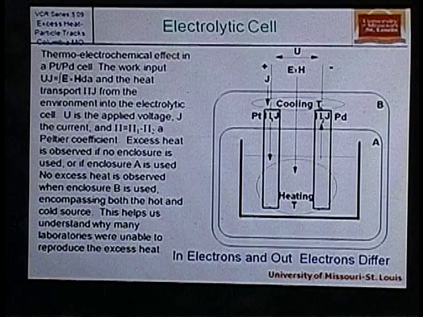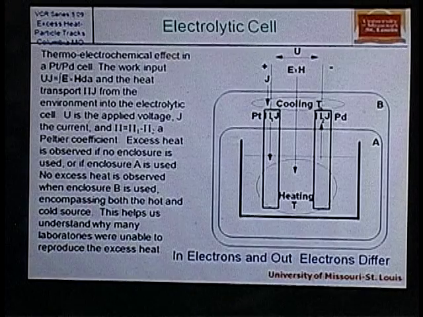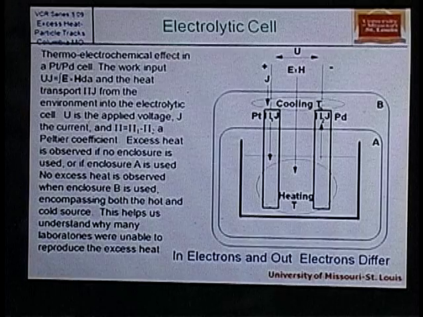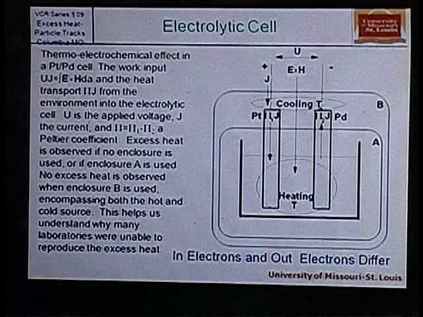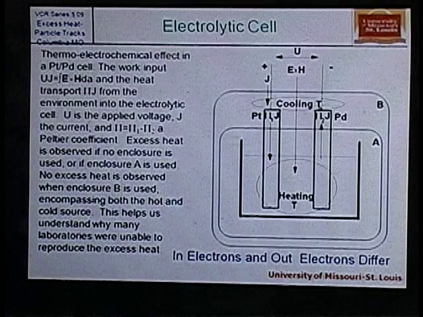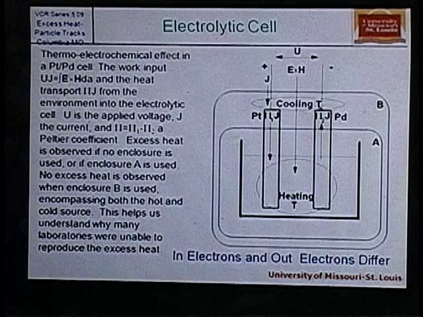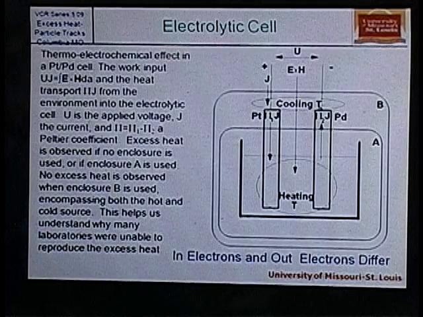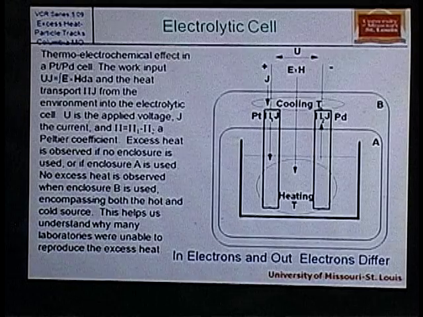These were the guys, the misers, who were unsuccessful and never got any excess heat. And so the interesting thing is that these electrons are not the same.